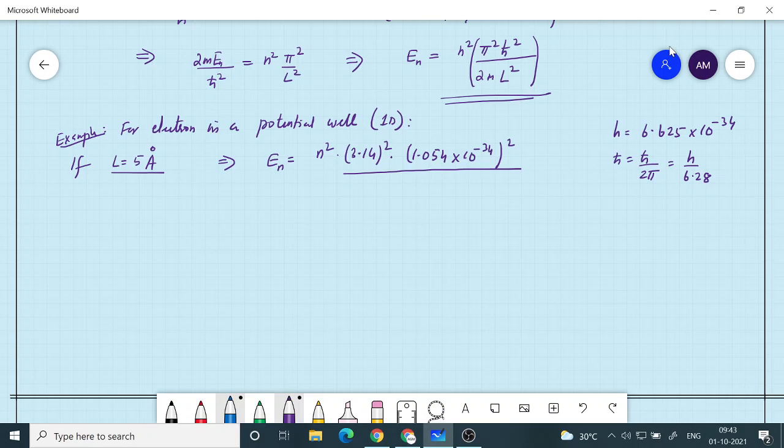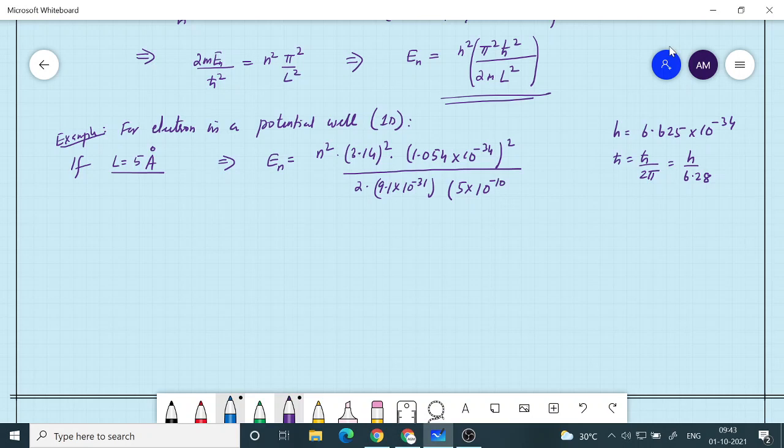The electron mass is known to us, so 2 into 9.1 into 10 raised to minus 31 kilogram into the square of 5 Armstrong, so 5 into 10 raised to minus 10 meter, the whole square.